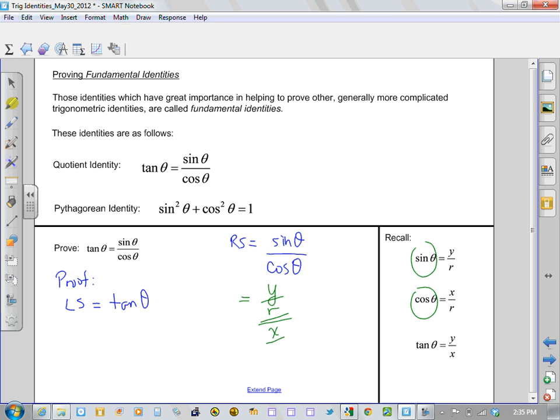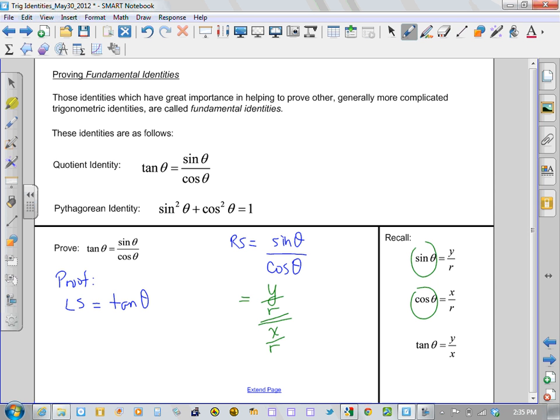So we'll have y over r divided by x over r. Notice the double line or division bar that's there. That is the style of division bar used when we have a compound fraction, meaning one fraction divided by another. Coming back to the top right, what happens when dividing by a fraction, as you well know, is that we multiply by the reciprocal.